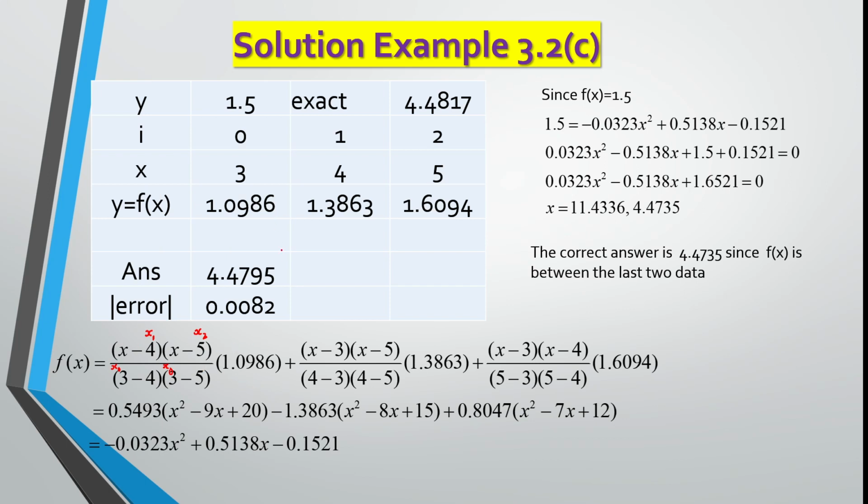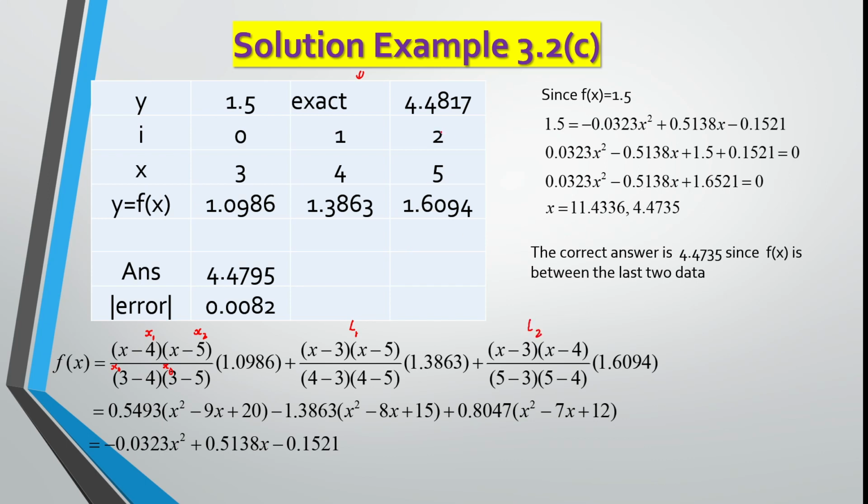For L1, you're standing here: x minus 3, x minus 5, and the denominator has x replaced by x1, multiplied by y1.